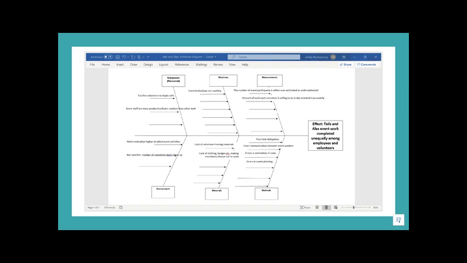As you can see, the effect that I've outlined was that Tails and Ales events work is completed unequally among employees and volunteers. So that is the effect, right? That is the undesired outcome. That is not what we want.